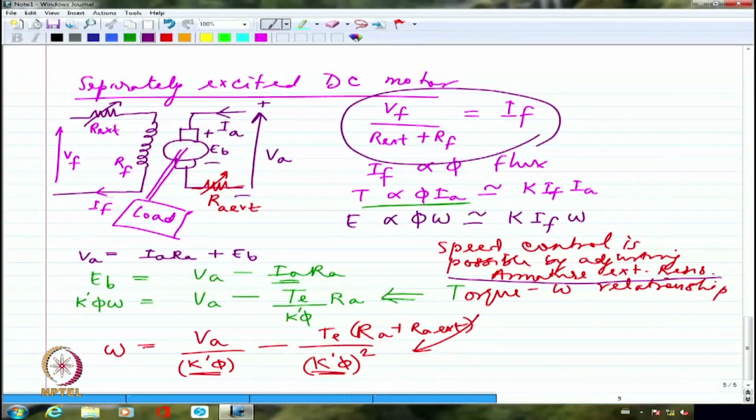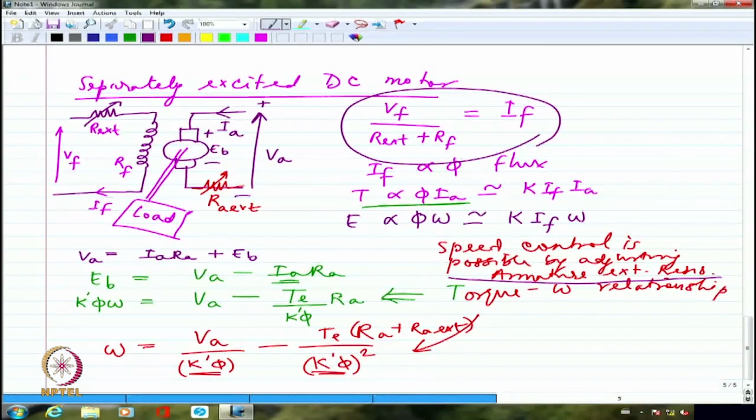A small permanent magnet with north and south poles gives a fixed amount of flux, so the motor behaves very similar to a separately excited DC motor. In which case, I will also avoid IF square RF losses. There will not be any IF square RF losses. That is the major advantage.